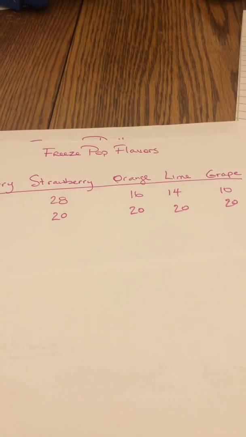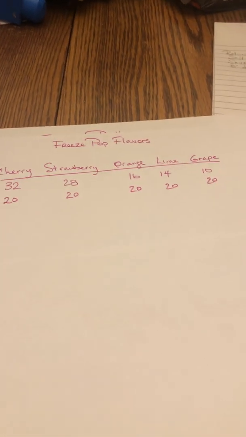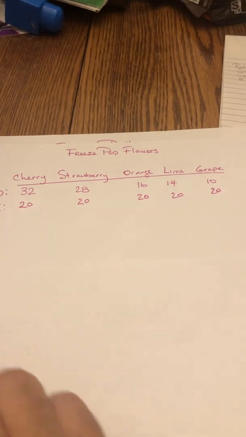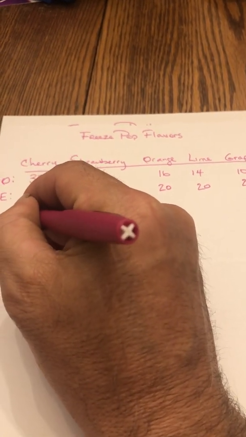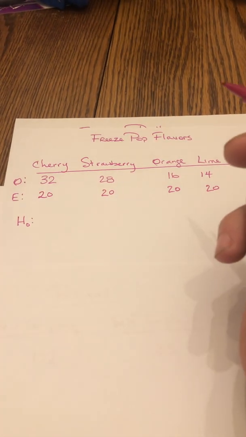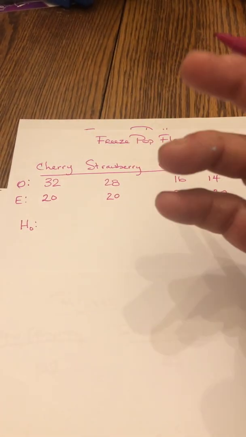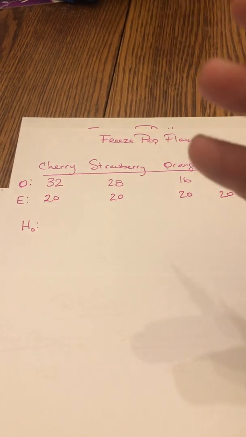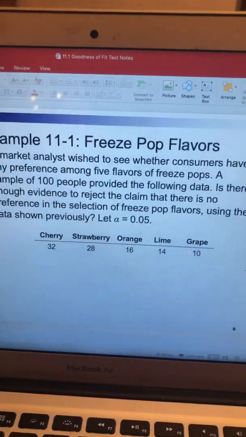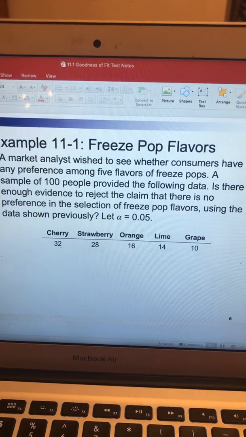All right, so we're ready to actually start our test. Step 1 in our test, as always, is to state the hypotheses. And our null hypothesis, I hope you remember this from class, always states no, or there is no difference, no whatever. So the question here was, was there a preference amongst these different flavors?